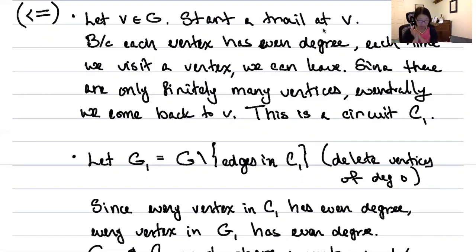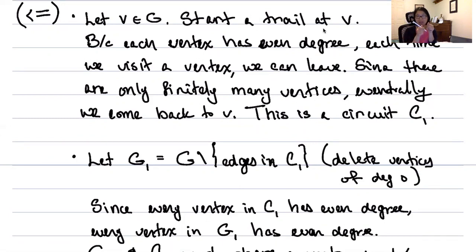So I'm just going to start following a trail from V. Every time I encounter a new vertex on that trail, I go in, but because it has even degree, I can go out, and I'm pairing those edges as in-out pairs. So every time we visit a vertex, I can also leave.